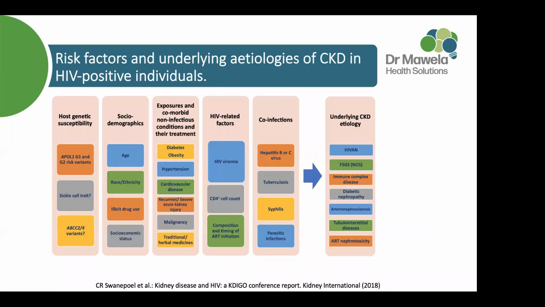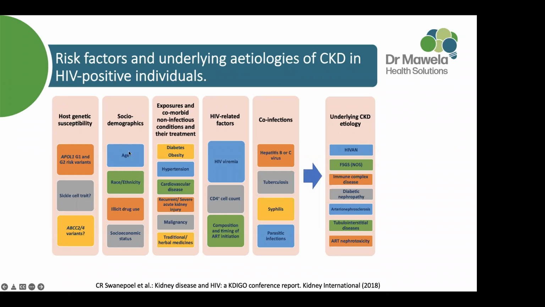All right, as I get closer to the slides, to say now risk factors, how do you classify them? Very important to identify patients who might be having specific genes, especially your APOL1 gene. It is significantly associated with conditions like HIVAN in HIV positive Black males.